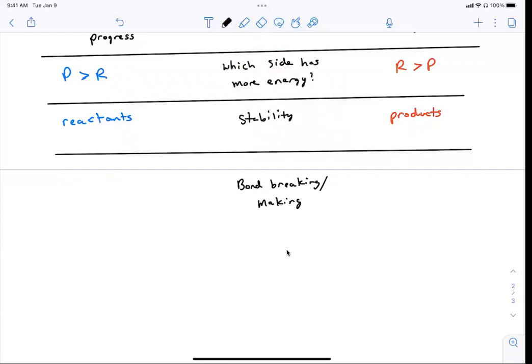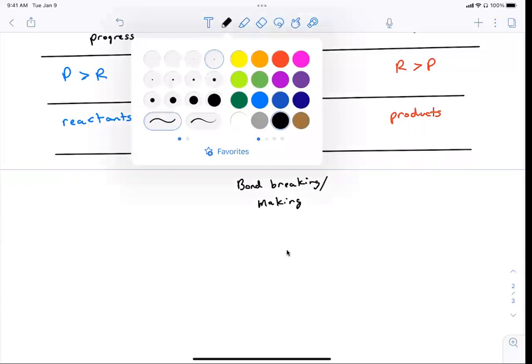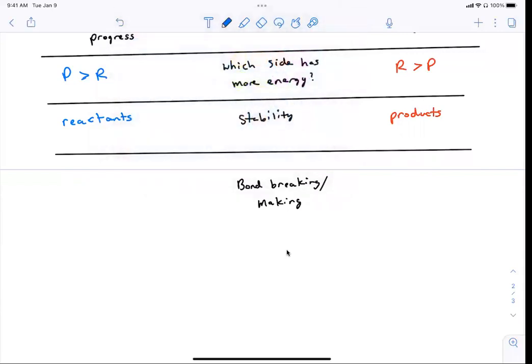And so every reaction has an exothermic side and an endothermic side. It's just a matter of those two values together makes the overall reaction exothermic or endothermic. So every reaction breaks some bonds and forms some bonds. But the difference in energy between those two processes is the overall reaction.